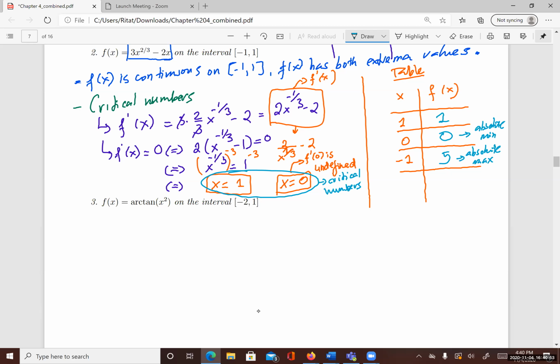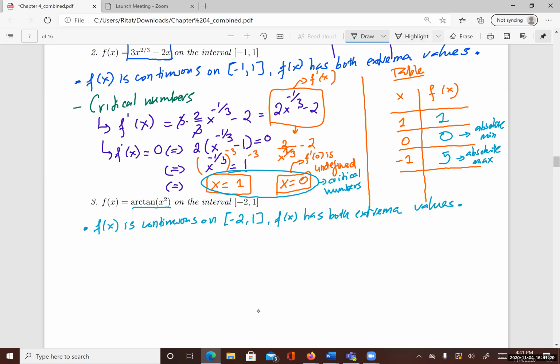So luckily, the function arctangent of x squared is continuous everywhere. That means it's continuous on the interval from -2 to 1. First, the function f of x is continuous on the closed interval, so f of x has both extrema values.